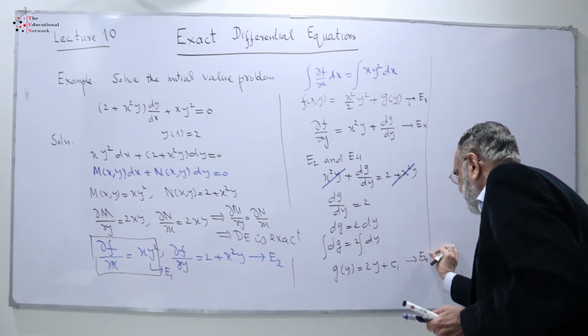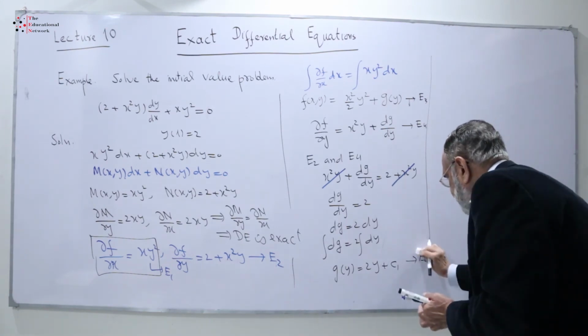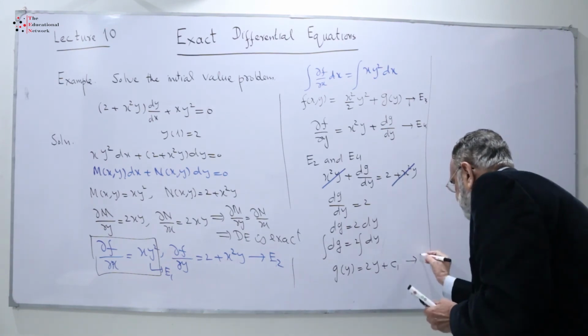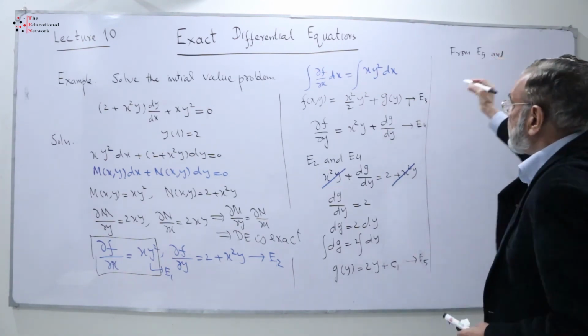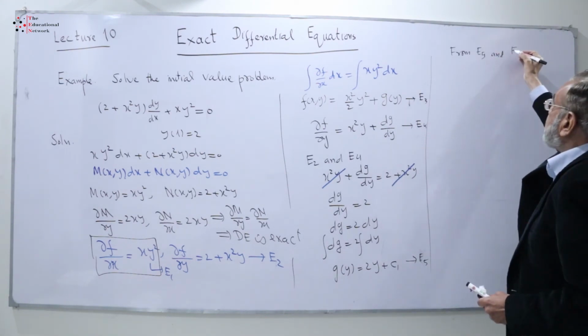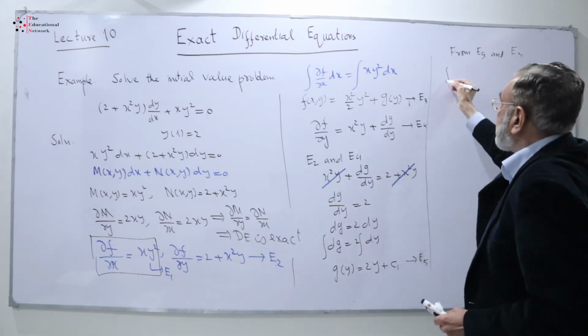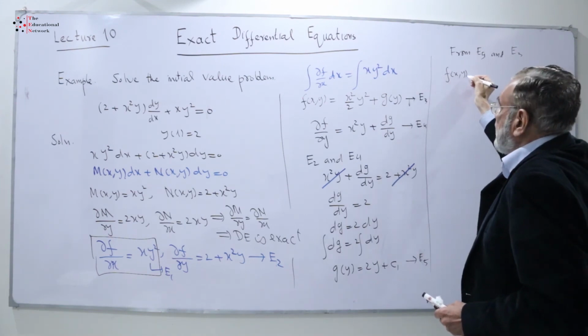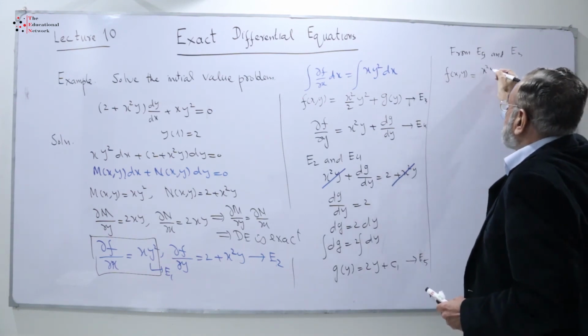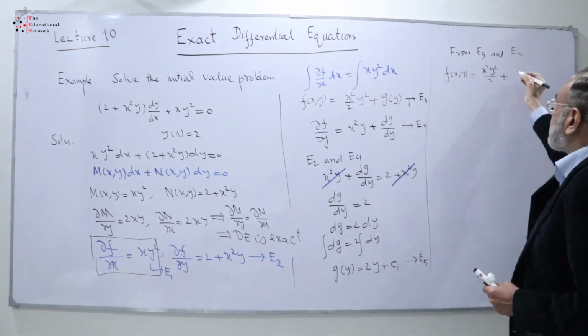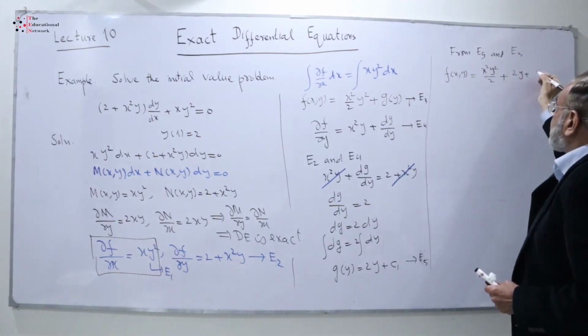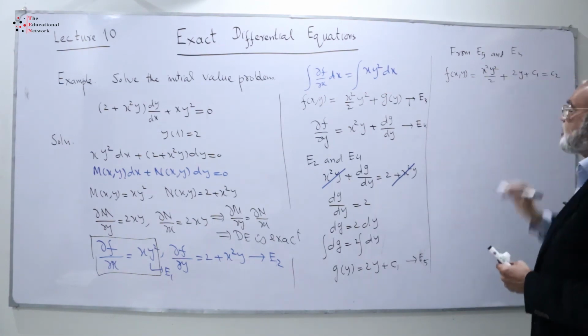Now I substitute the value of g(y) from E4, this is E5, into E3. I'll get f(x,y) is equal to x square y square by 2 plus g(y). What's my g(y)? It is 2y plus c1, and f is equal to c2.